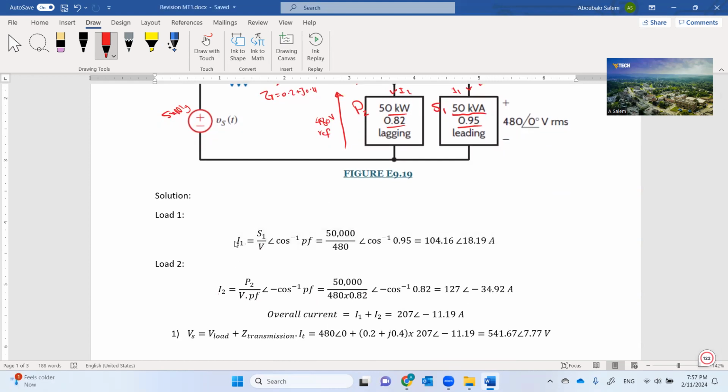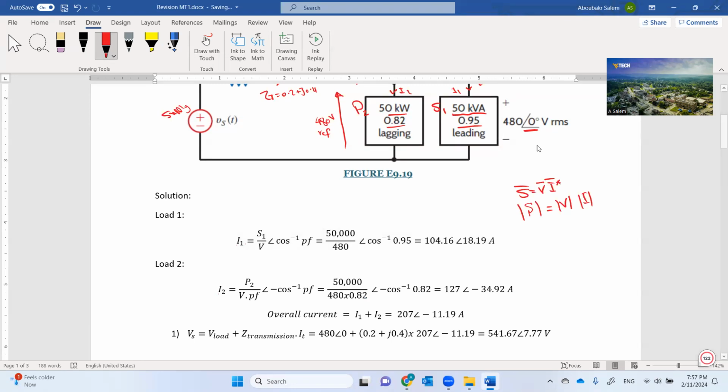Here is my solution, guys. Firstly, I1 of load 1 equals S divided by V. You know the relation S equals V times I conjugate, so the absolute value of S equals the absolute value of V times the absolute value of I. The angle of current can be obtained from the power factor, since the voltage angle is 0.